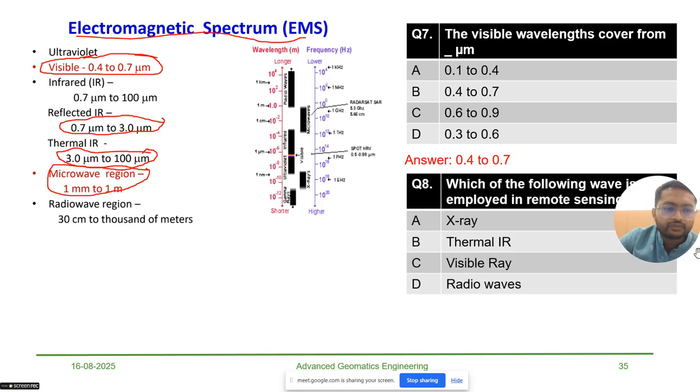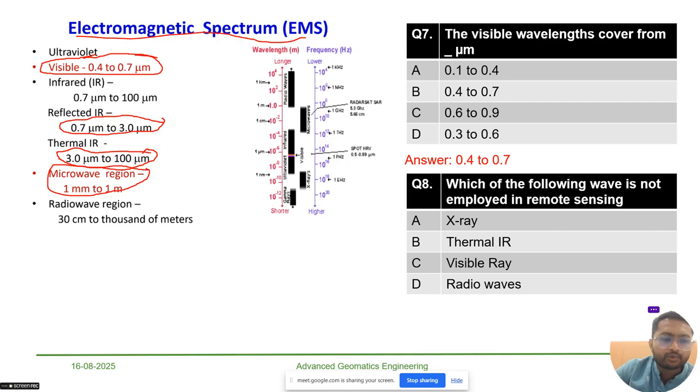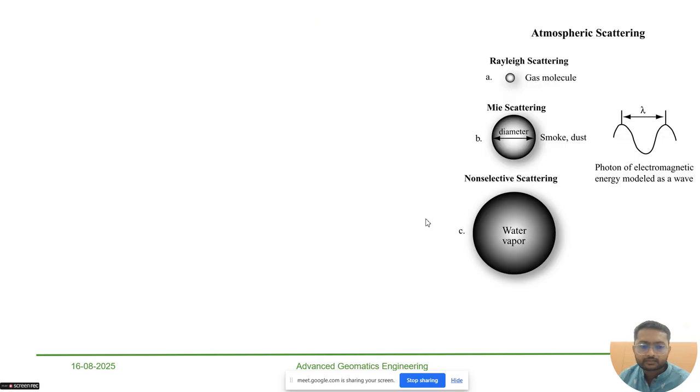Now, which of the following waves is not employed in remote sensing? So when these rays come into the atmosphere, they interact with the particles present in the atmosphere, and lots of interactions happen. That is known as scattering.